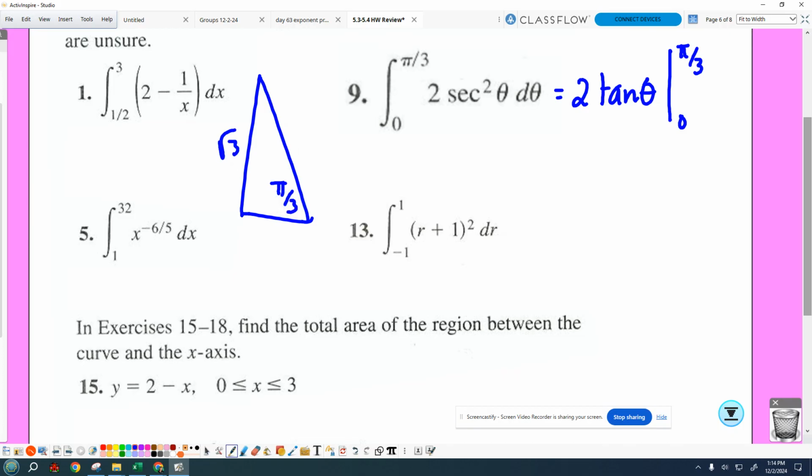Across from pi over 3 is root 3. So tangent is root 3 over 1 times that 2. Minus, tangent of 0 is 0. So it's just that.